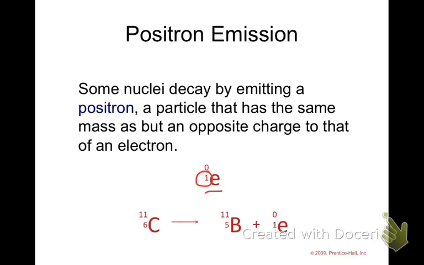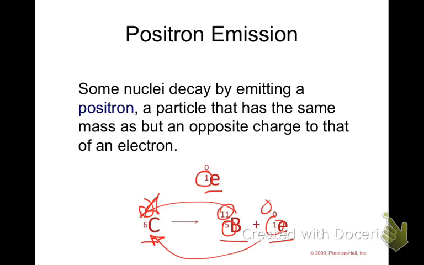Notice that the charge on that kind of electron-looking symbol is a positive, because this is a positron. Again, noting the equation, 5 and 1 equals that, and 11 and 0 equals that mass number of the carbon 11 isotope.